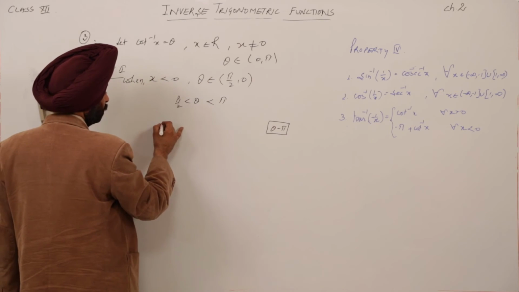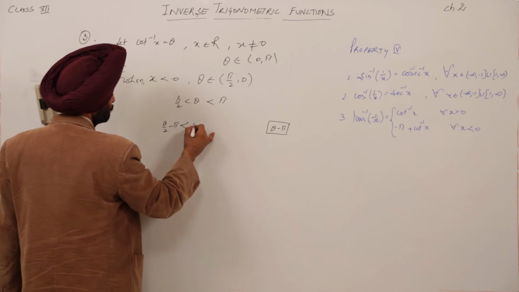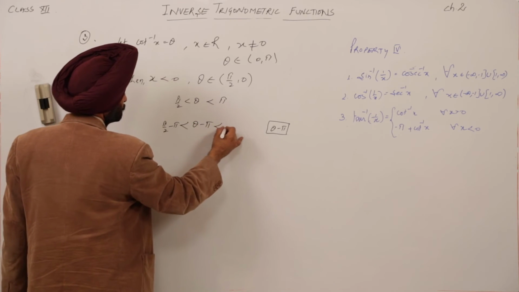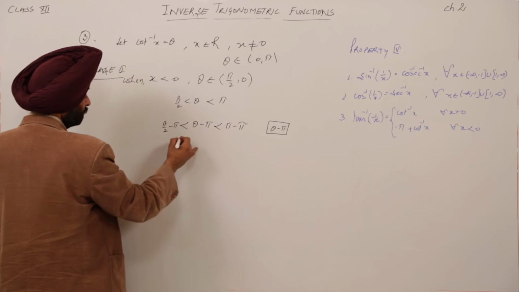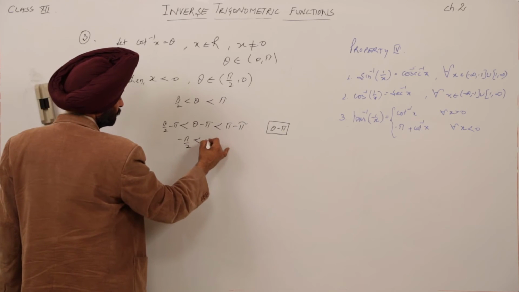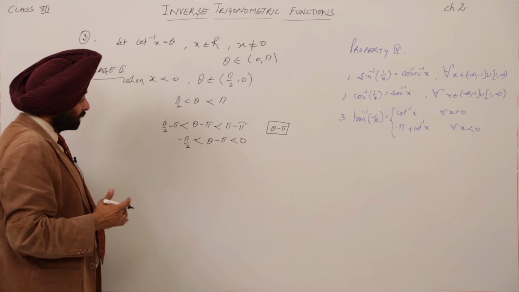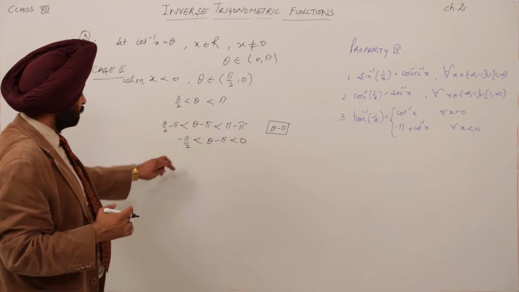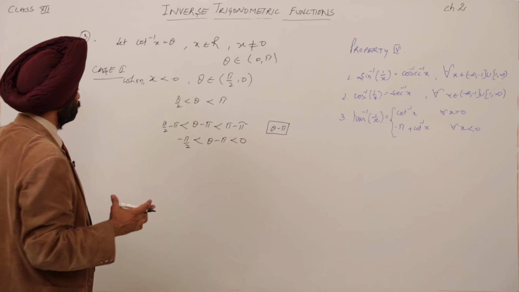So pi by 2 minus pi is less than theta minus pi is less than pi minus pi. So what condition are we getting? We are getting minus pi by 2 is less than theta minus pi is less than 0. So here we got the condition that theta minus pi lies where it should be lying.